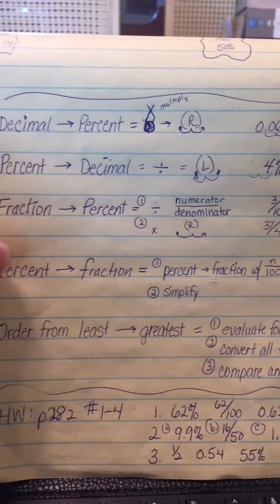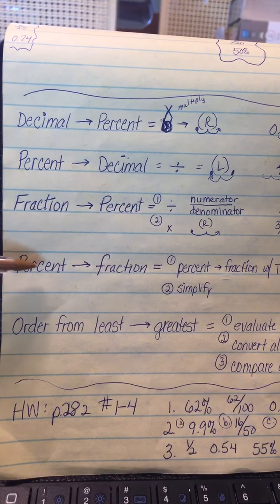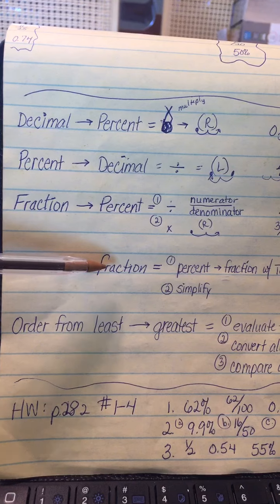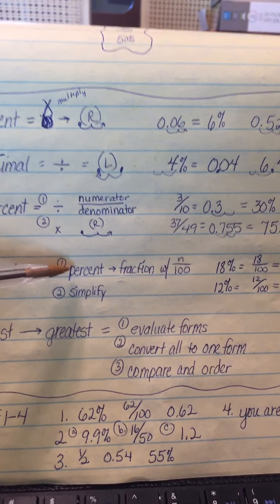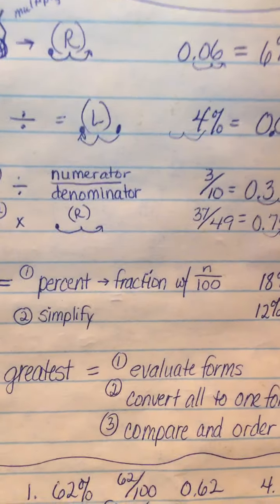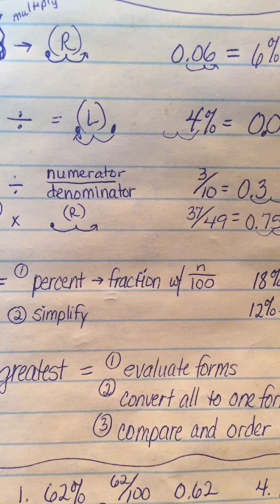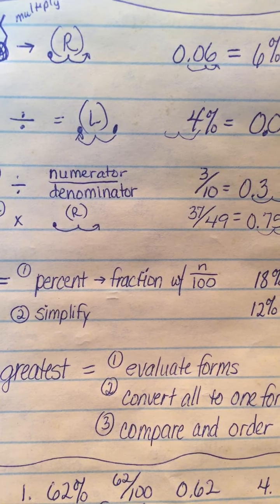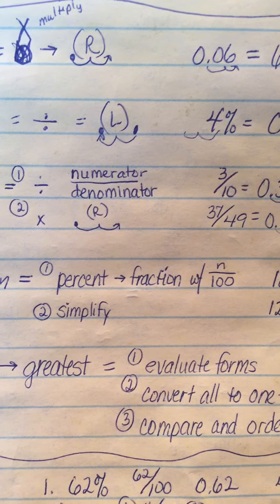Next one, if you start with a percent and you're going to a fraction, here are the 2 steps. 1, you change the percent to a fraction with the denominator being 100. Okay? And then simplify it. That's step 2.